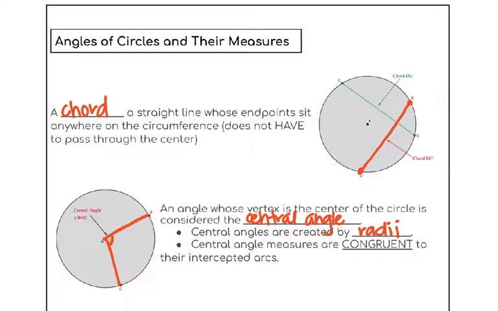Meaning, if this central angle here is 120 degrees, then the measure of this arc here is also going to be 120 degrees. So those are just a couple of properties about central angles that will help us out later on.